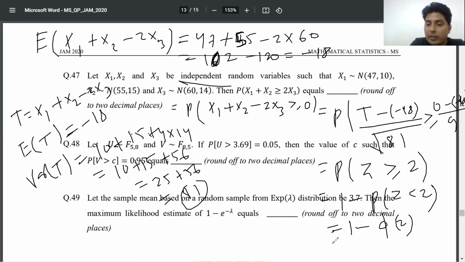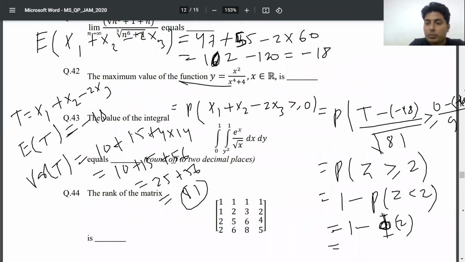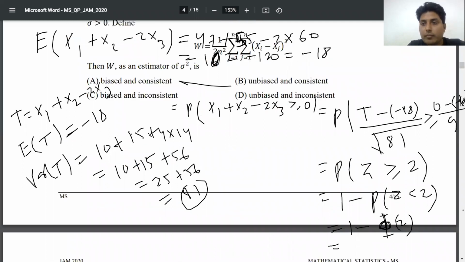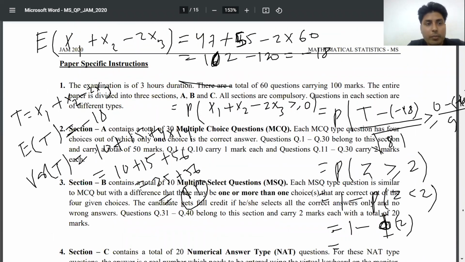Again, phi 2 will be given in your question paper, in the first page, the introduction page. In the second page, phi 2. If you want, I can show you. So this is the question paper for 2020.